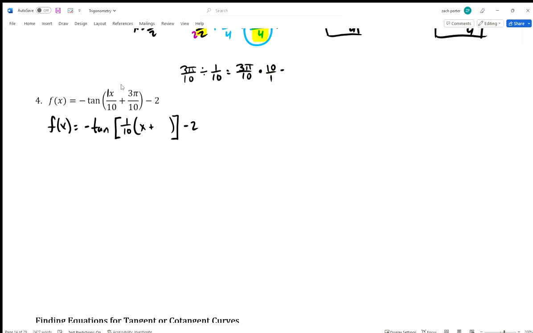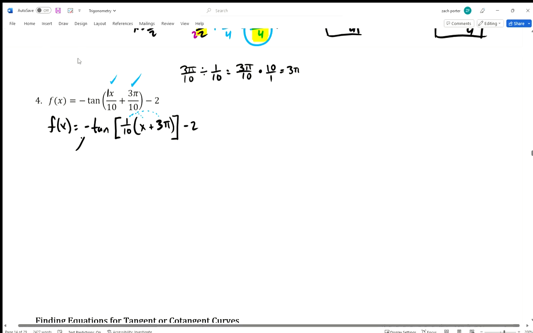The 10s cancel, and we have 3 pi. So that's what goes in that missing spot. And then I'm going to show in blue, the 1/10 you can distribute, and notice it matches the x over 10 plus 3 pi over 10. So always check no matter what. That is the correct form at least.